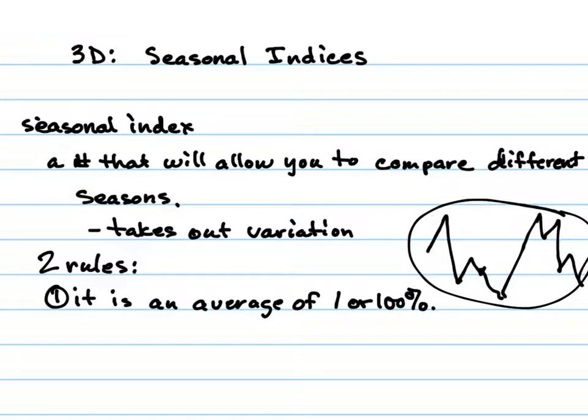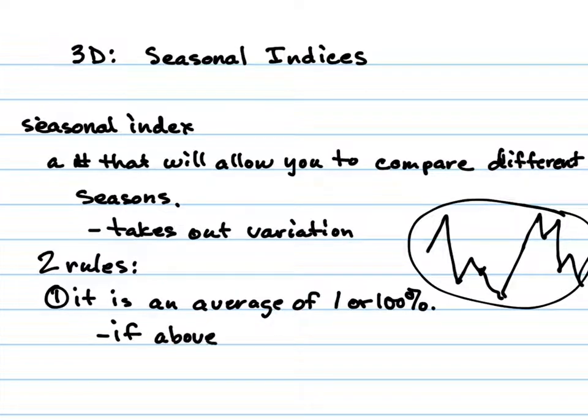Remember that 1 and 100% mean the same thing. Now that doesn't mean it can't be a number bigger than 1 or less than 1, but we're averaging as 1. So that means that in a typical season, it should be 1. Now, if it's above 1 or below 1, that tells you that that's not a typical season.